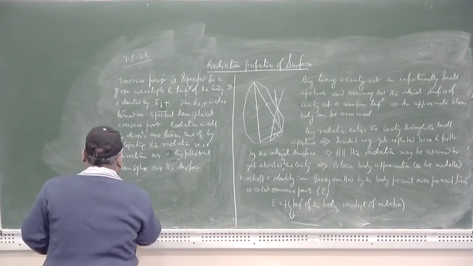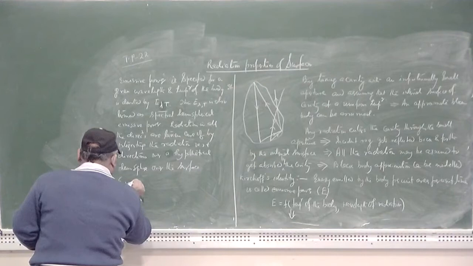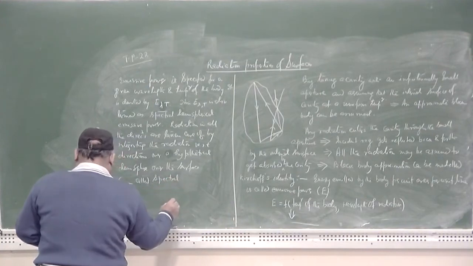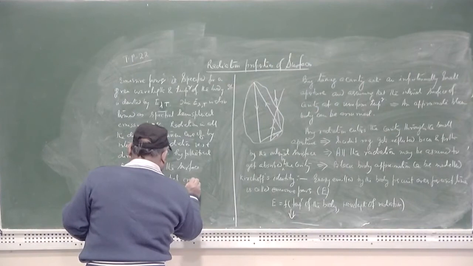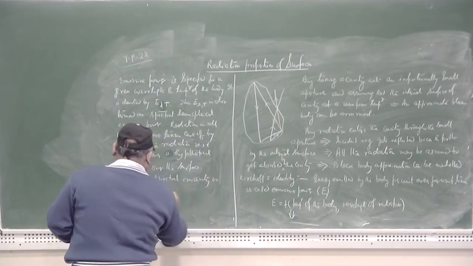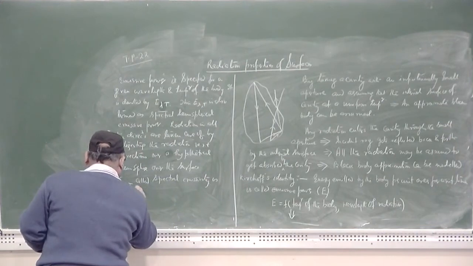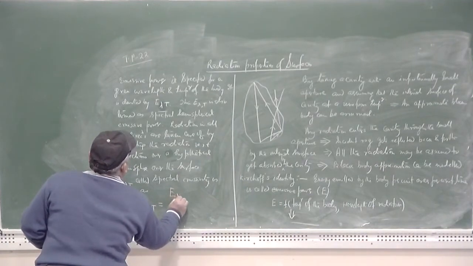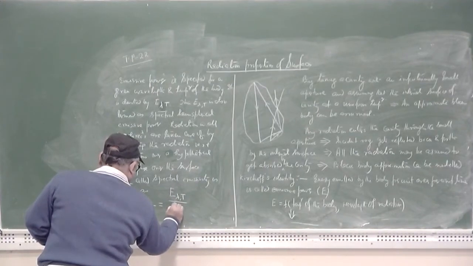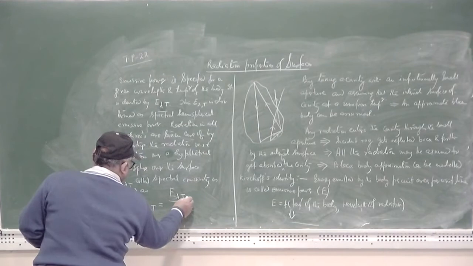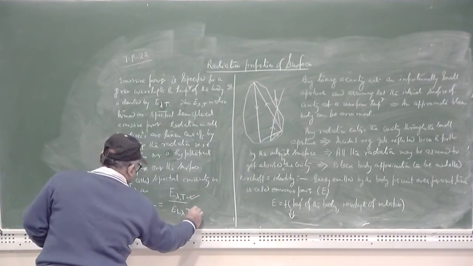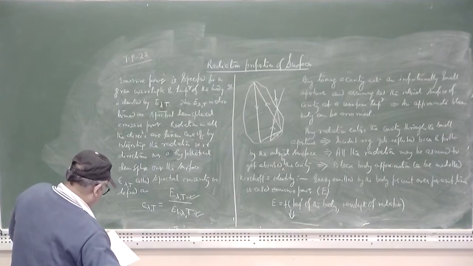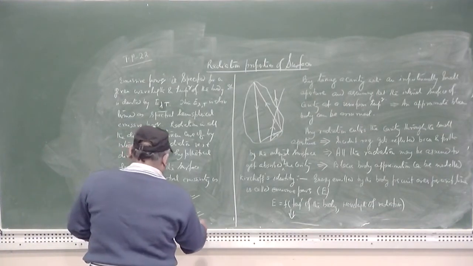Another quantity, epsilon, called spectral emissivity, is defined as epsilon lambda T equal to E lambda T divided by E b lambda T, that is, for the arbitrary surface divided by the same quantity for a black body. Let it be equation number 5.